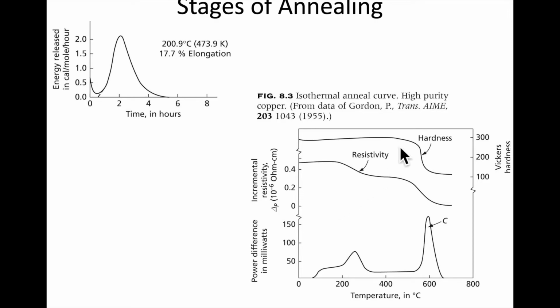And so recovery cannot be identified by hardness because these structures are changing in such a way that you don't see this on a bulk level until you get to recrystallization. But you do see it in terms of resistivity in some cases because electrons can flow faster if there's less resistance on a very small length scale, right?